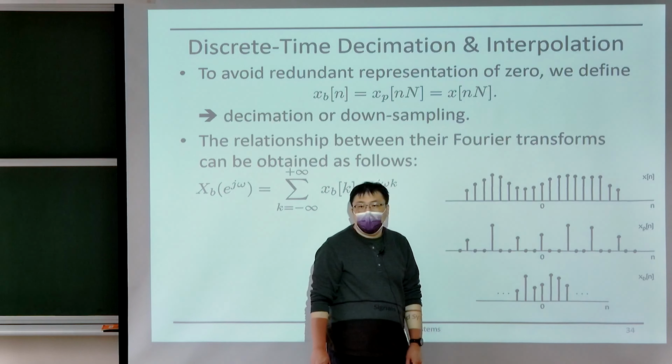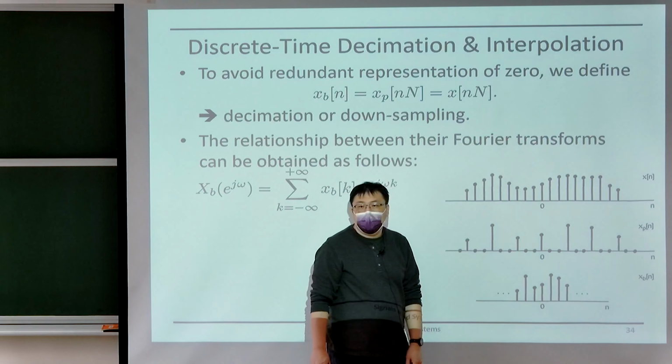So to avoid redundant representation of all these zeros in between, we just define xb[n] as these non-zero sampled values, xp at integer multiples of capital N, or basically the original x at integer multiples of capital N, okay? So you can call this decimation, or you can call this downsampling, right?